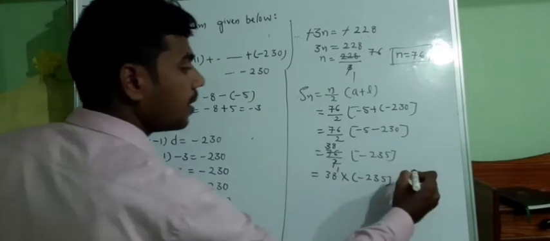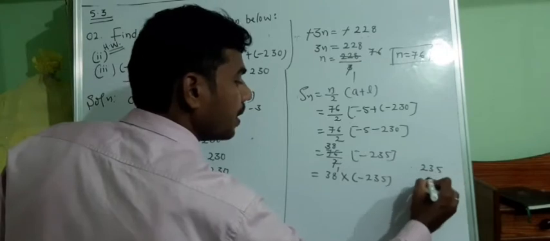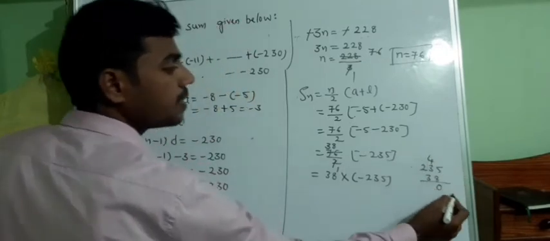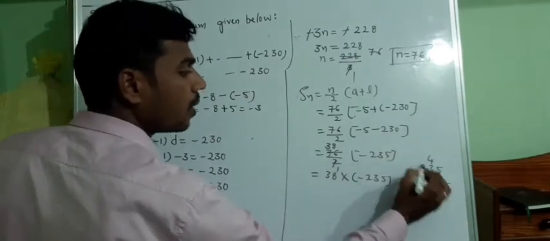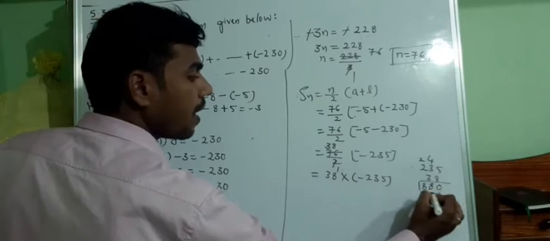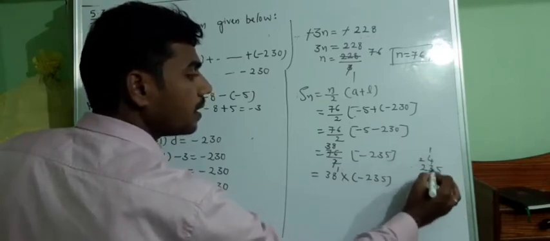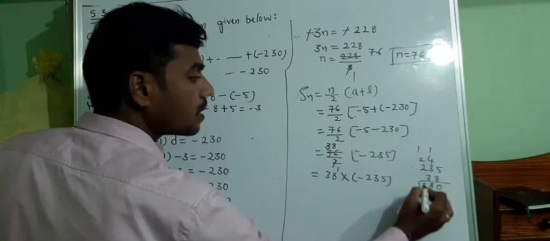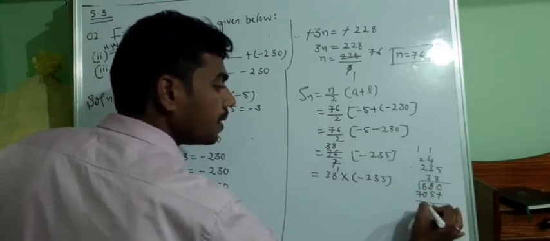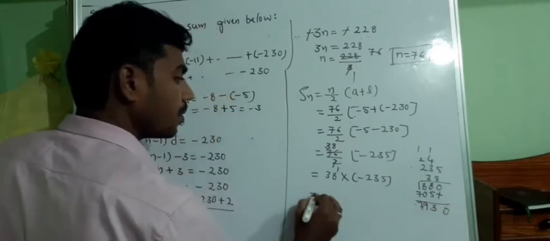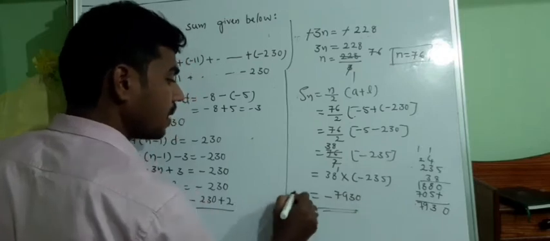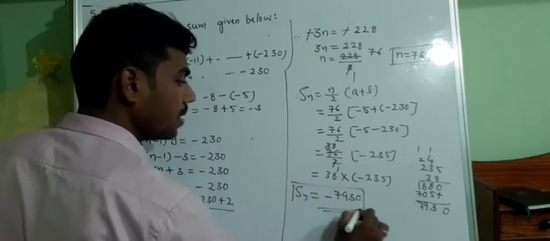Okay, calculate. 235 times 38. 8 5s are 40, 4 carry. 8 3s are 24, 28, 2 carry. 8 2s are 16 plus 2, 18. 3 5s are 15, carry 1. 3 3s are 9 plus 1, 10, carry 1. 3 2s are 6, 7. So that will be equal to minus 7930. So what is the sum? Sum is equal to minus 7930.